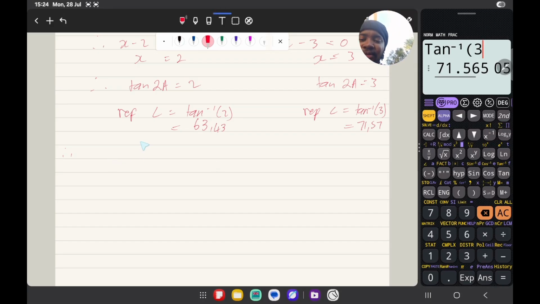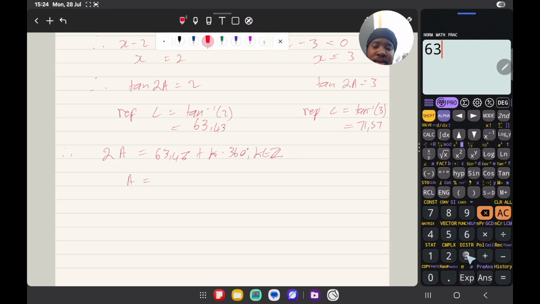Therefore in the first quadrant you're gonna have 2a equals 63.43 plus k times 360 degrees, k is an element of integers, and a equals 63.43 over 2.